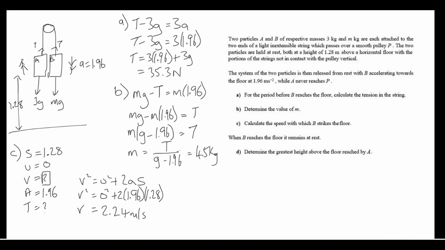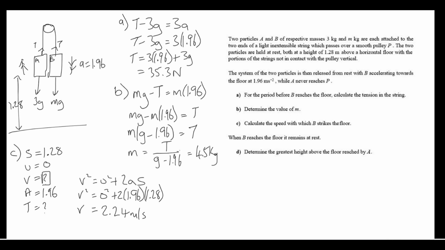This was at the same time that B was traveling down by 1.28 meters. And then the system broke. From then, A was just moving by itself, moving freely under gravity. We're going to collect suvat variables from that very instant, and calculate just how much further A is going to travel.